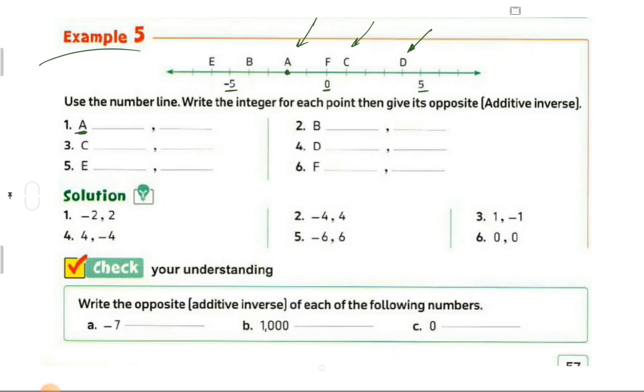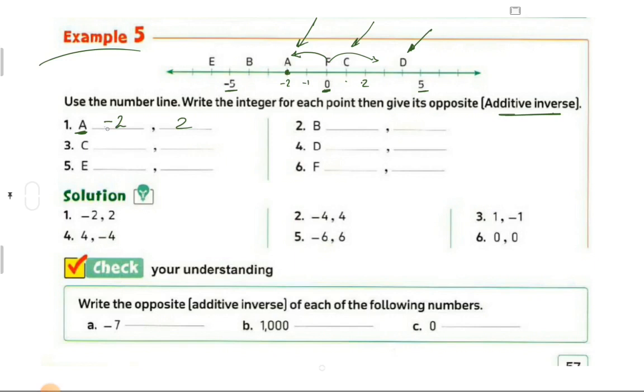We know about 0, and we will move to the left side. So before 0 we have -1, -2. A is -2. In the next space, he asked us about the additive inverse. What's the additive inverse of -2? -2 is two units to the left, so two units to the right is just 2.